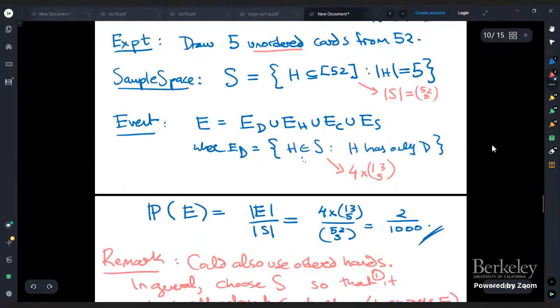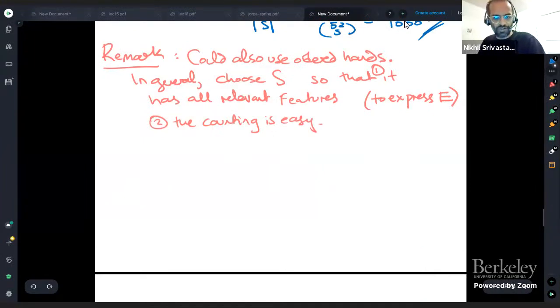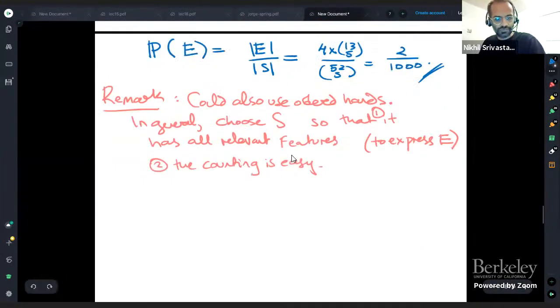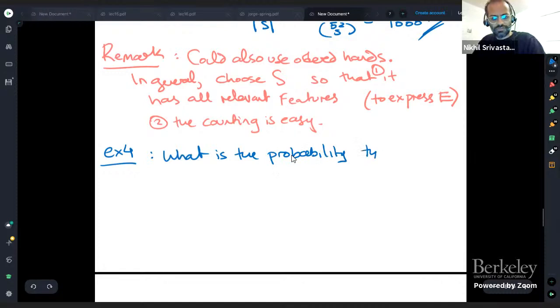Okay, so let's do one more interesting example, which comes up a lot. It's called the birthday paradox. Example 4. The question is, what is the probability that 2 people in your section, let's say a section has 30 people, have the same birthday?